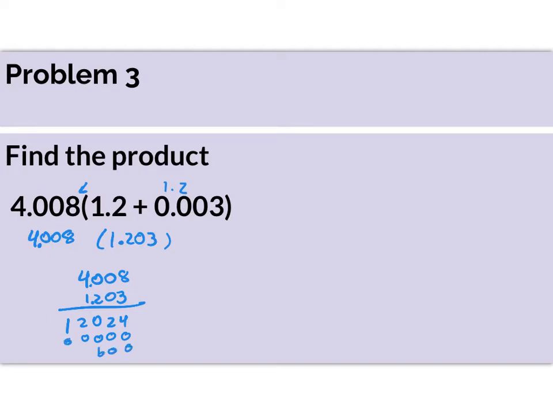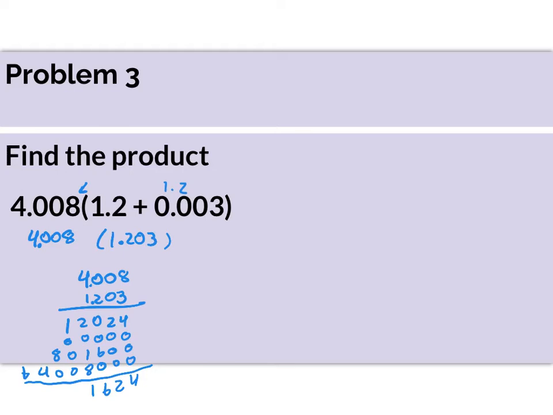2 times 8 is 16. 0. 2 times 4 is 8. And then 1, 2, 3 zeros. And then 8,004. Adding, you get 4, 2, 6, 9.